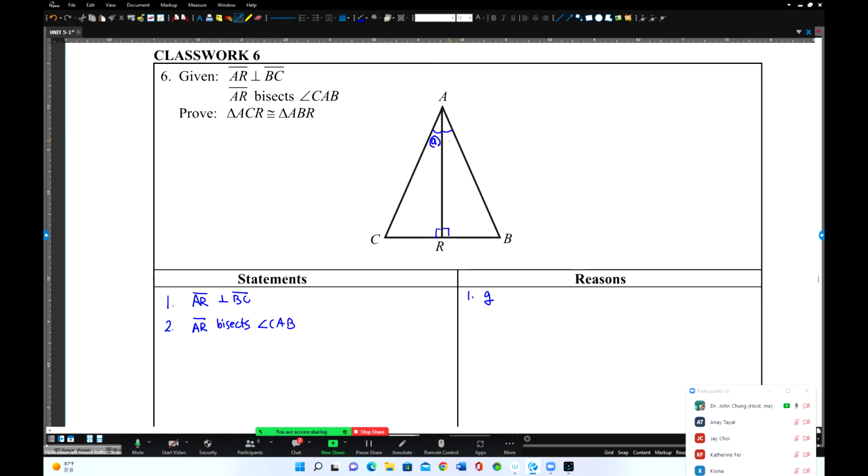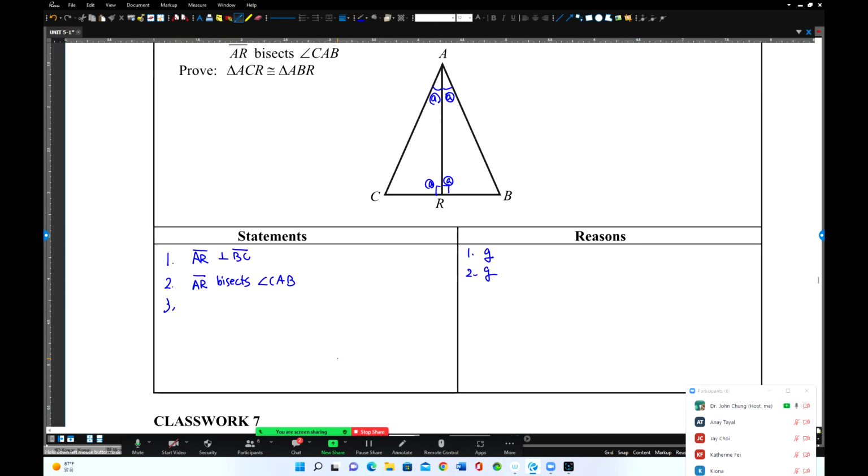We have one angle, another angle over here. Now let's find from these two conditions the corresponding parts that are congruent. Perpendicular first. Angle ARC and angle ARB are right angles.